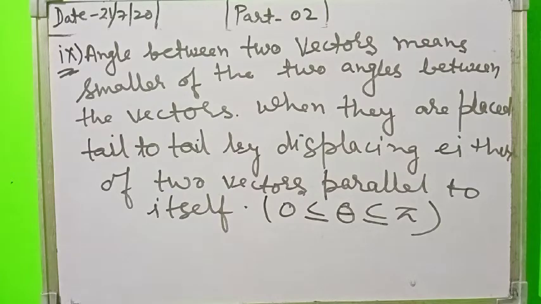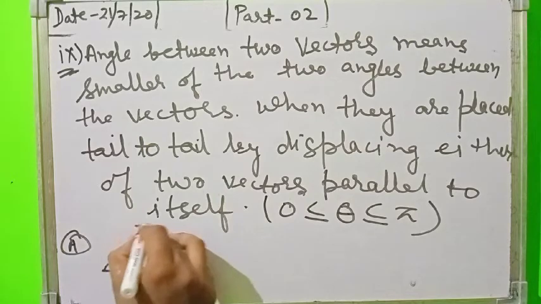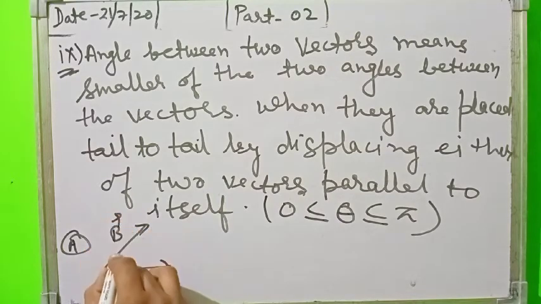Very simple, try to understand. Three cases I am considering. In this first case, the angle between vector A and vector B is theta. What is the smaller angle between tail to tail?